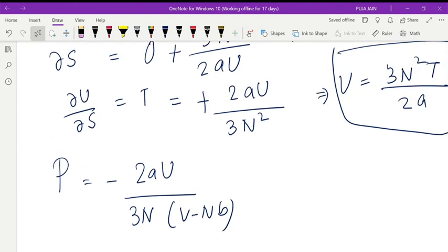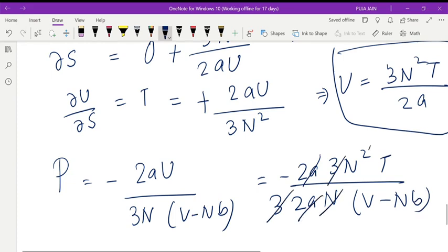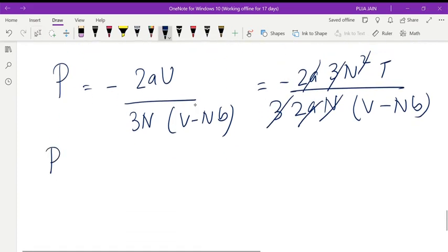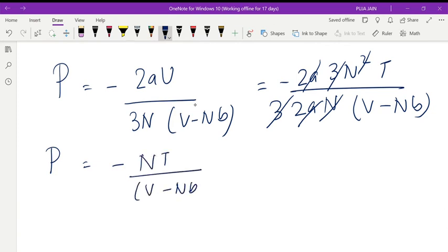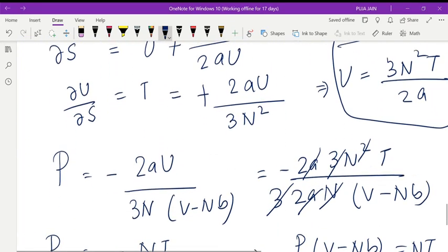So we got minus of 2a by 3N(V minus nb), times 3N square T by 2a. This 2a will cancel out, this 3 and one N will cancel out. So we are getting P is equal to minus of NT by (V minus nb). So we are getting P(V minus nb) is equal to NT. Because k will be coming, let's check here.